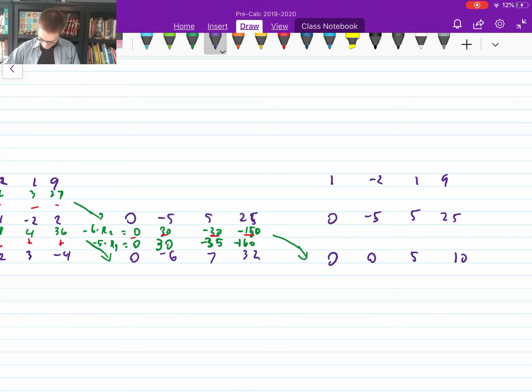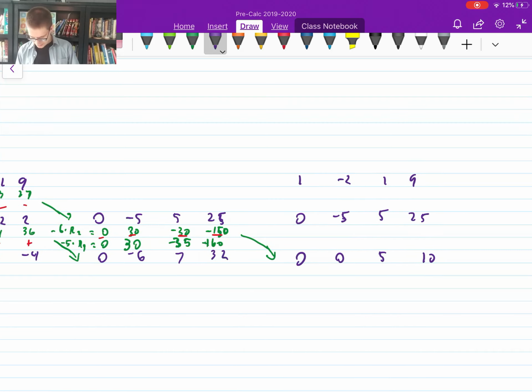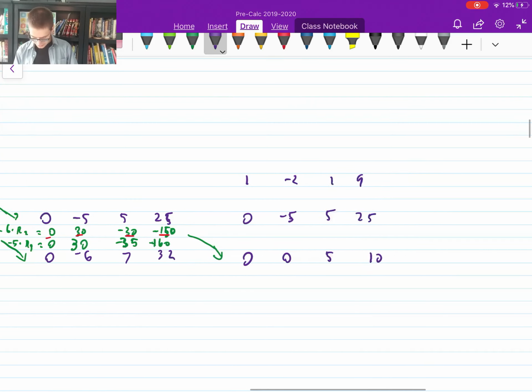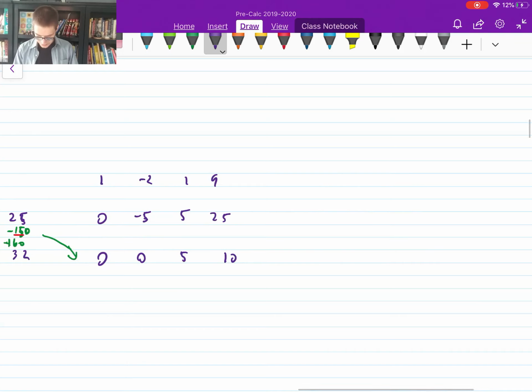We just need to make this diagonal here ones, and then we're in row echelon form. Okay, so let's see. -5, we'll divide row 2 by -5, and we'll take row 3 and divide that by 5.